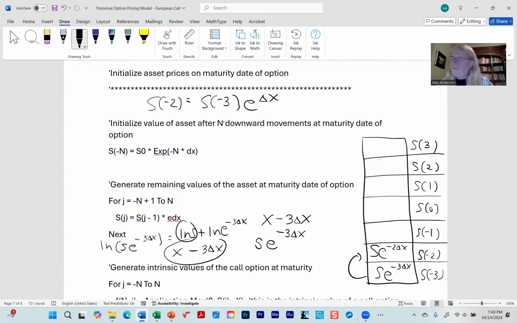So in other words, if j is negative 2, this is negative 3, so you're getting your negative 3. Remember, e dx means e to the dx, delta x. So you can fill in the whole thing.